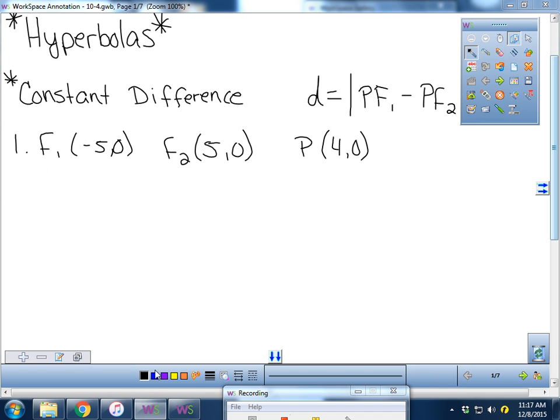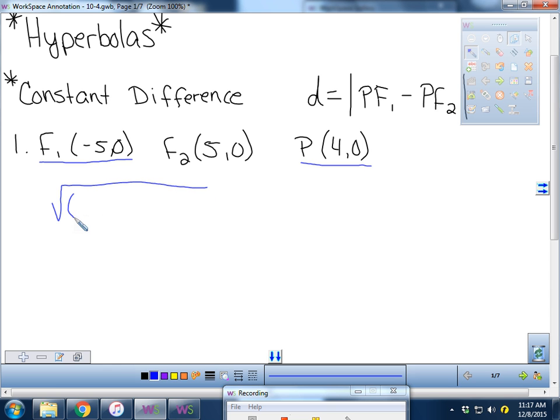That's why when we take the absolute value of something, it's always positive. All right, so let's begin. I'm going to first find the distance between my first focus and the point on my hyperbola. And remember, this is not hyperbole, it's hyperbola. Kind of like hyperbole in English, but this is a hyperbola. I will find the distance between those two using the distance formula.